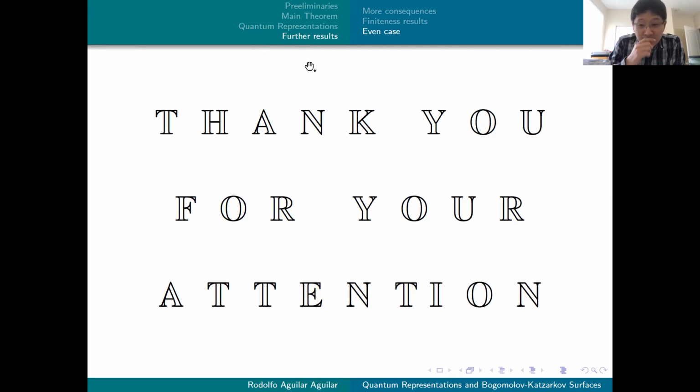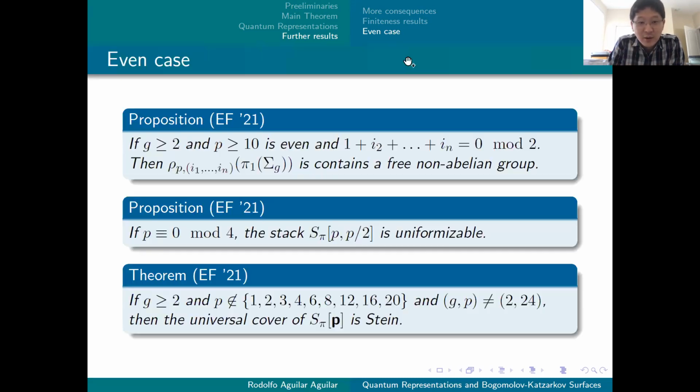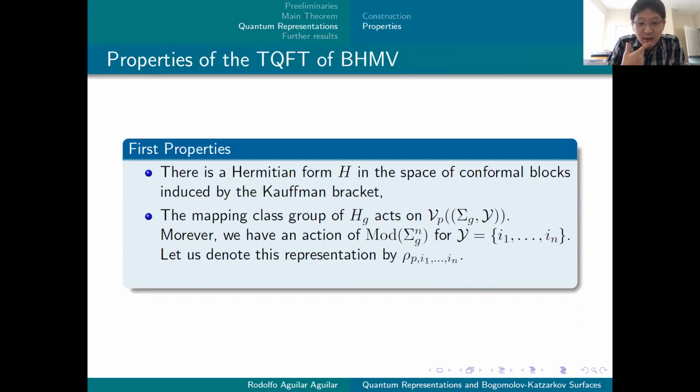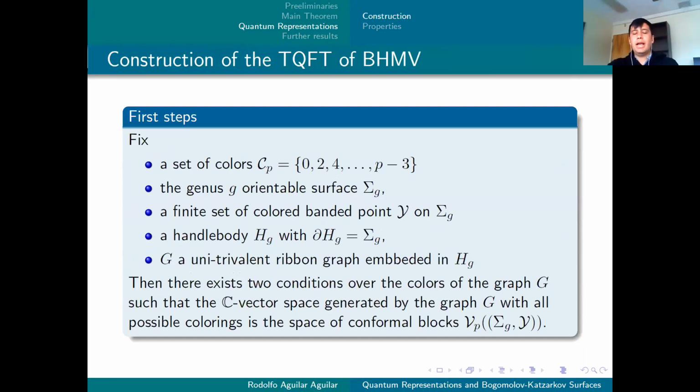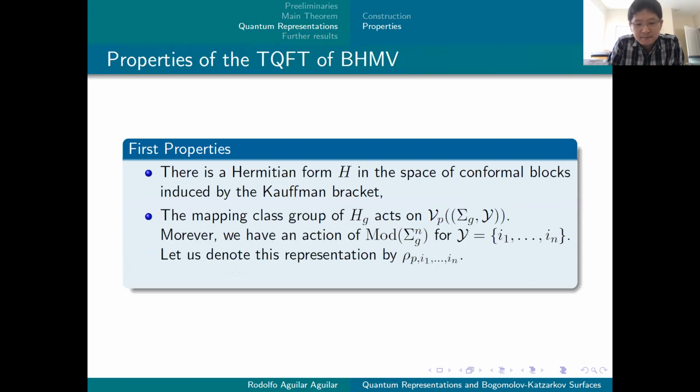May I ask you, what is the role of conformal blocks in this theory? I couldn't get where you use this theory of conformal blocks in this case. So I just called this space the conformal block. It's a vector space, right? So this is the vector space where you have the action of the mapping class group.